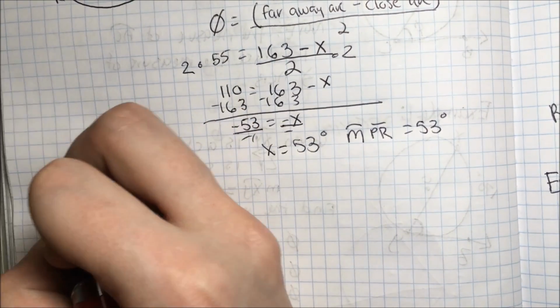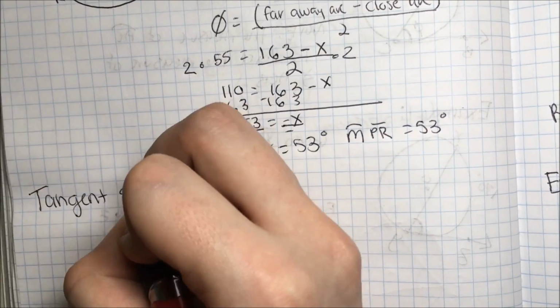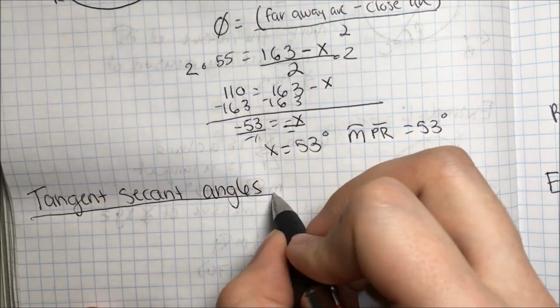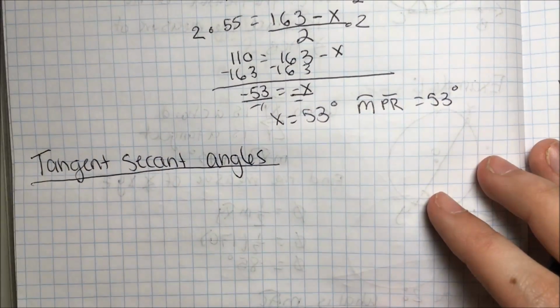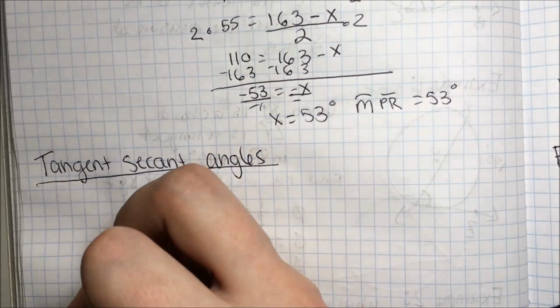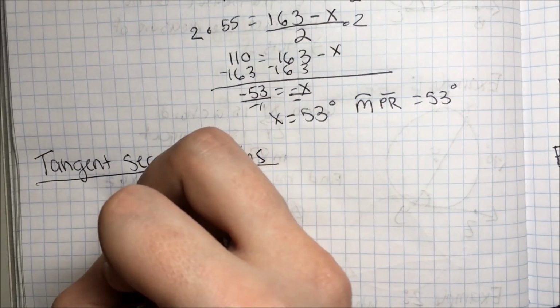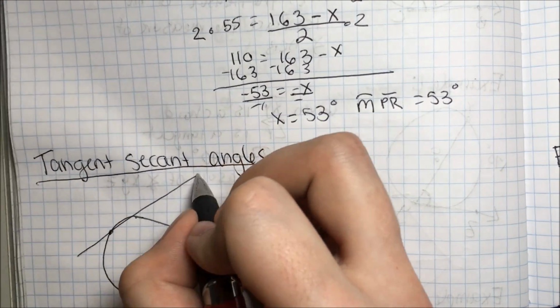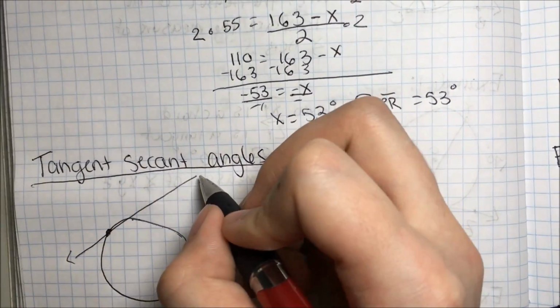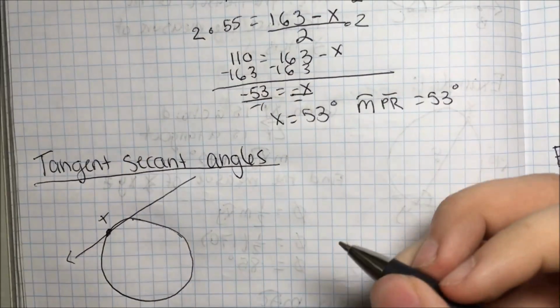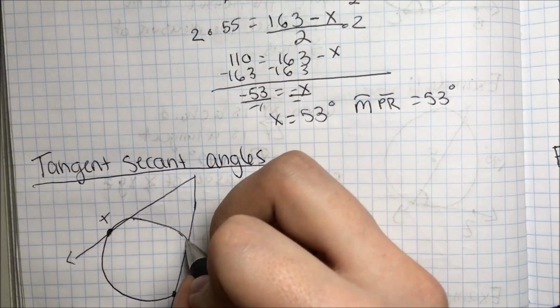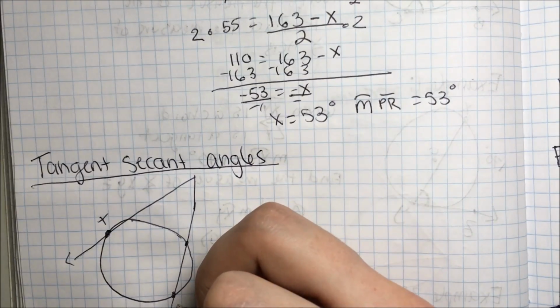So now we can look at the tangent-secant angles. This is where we have one tangent and one secant on a circle. So if we have a circle, this would be our tangent, and this would be the secant, which hits it at 2 points.